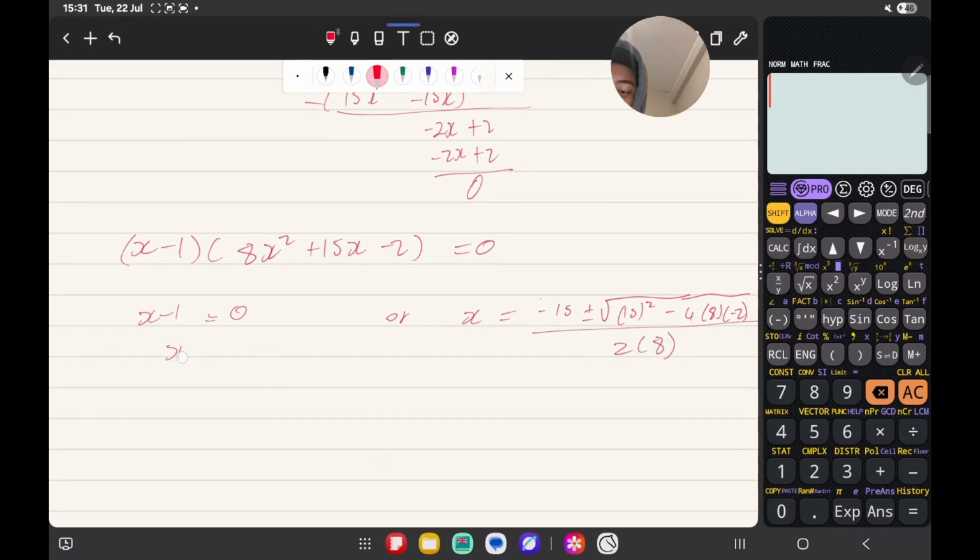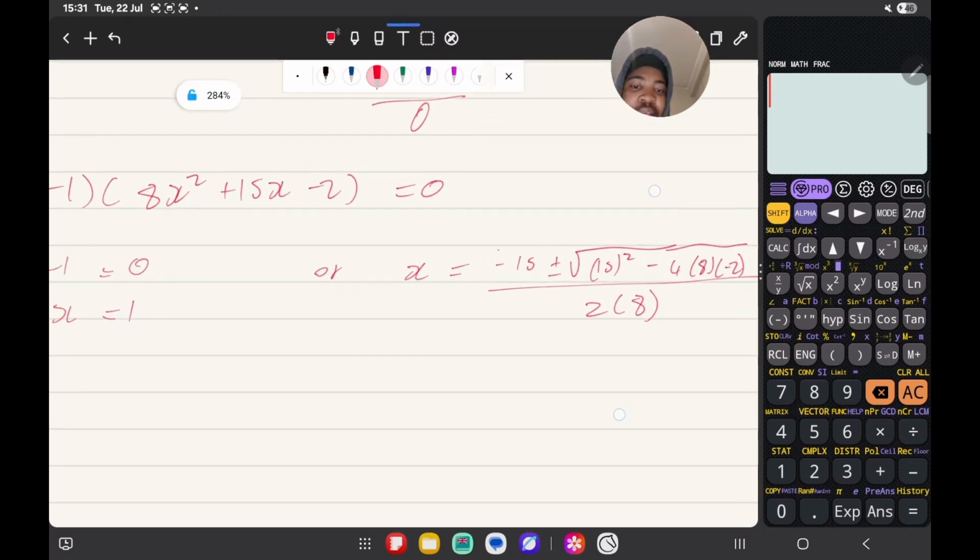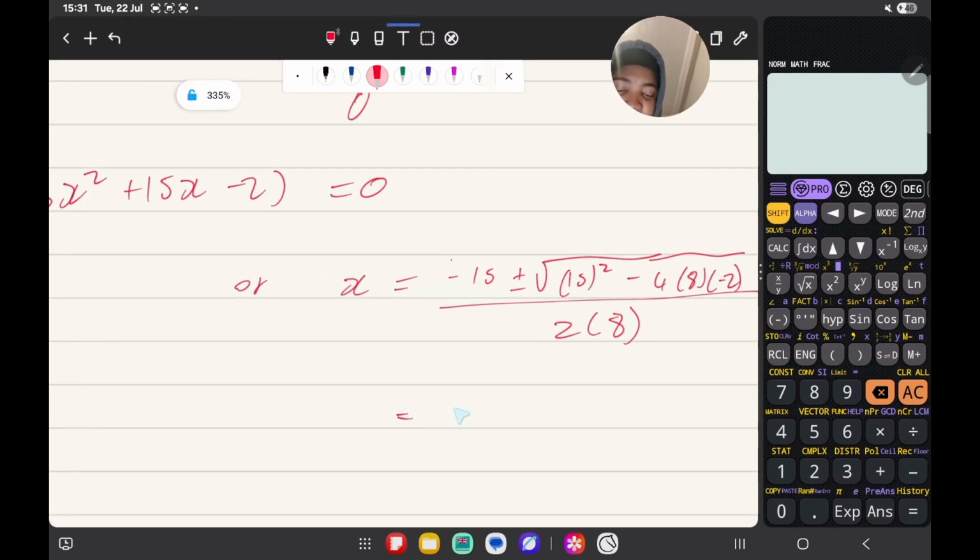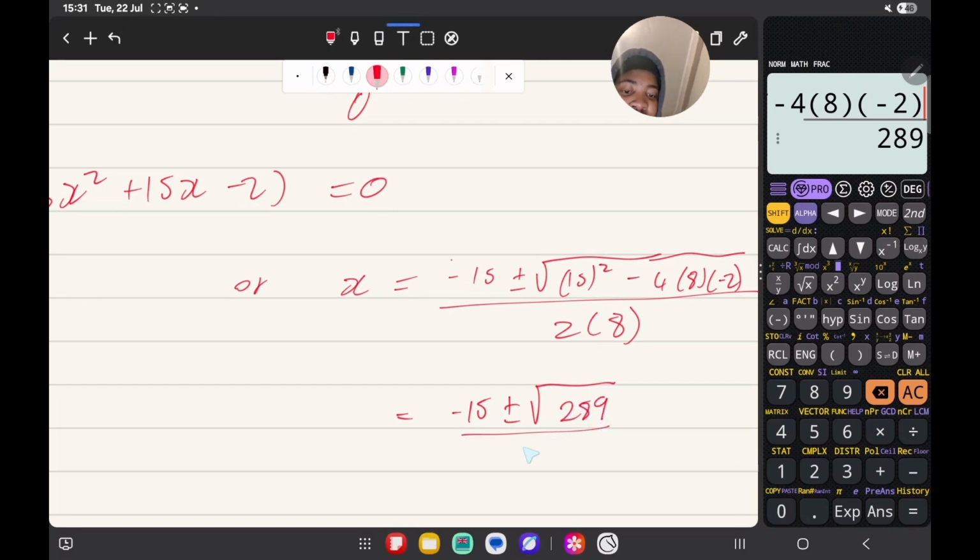Then here you're going to have x equals 1, and then let's cook this side. That's minus 15 plus or minus the square root of 15 squared minus 4 into 8 into minus 2. We're getting 289, over 16.